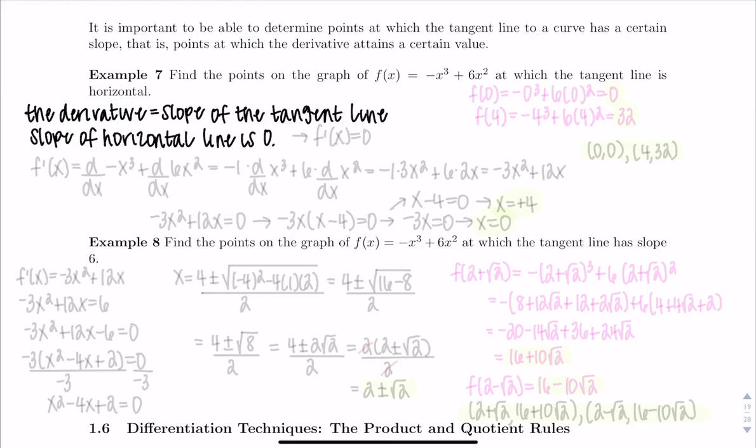So we need to find all the points on the graph where the derivative of f equals 0. So really what we're looking for is f prime of x equals 0.